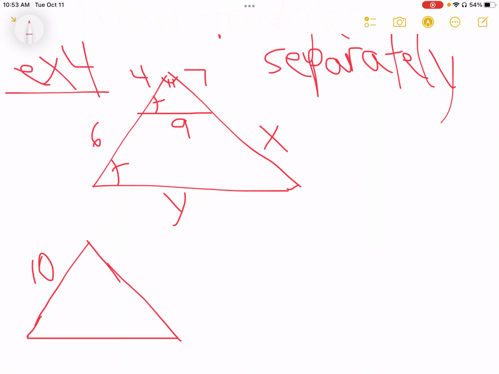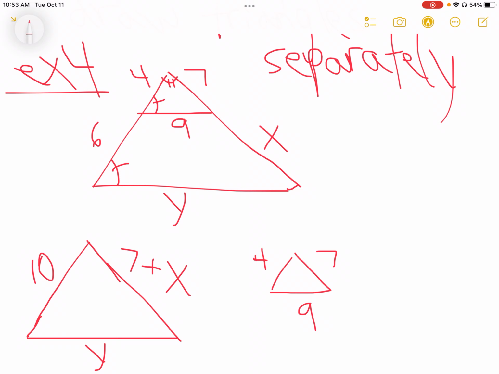This side over here is a little weird, because it's 7 and x. Well, you can just write this as 7 plus x, and then you can write y on the bottom. Now for this small triangle, we actually know all of our values. This over here is 4, this one's 7, and this bottom one is 9.